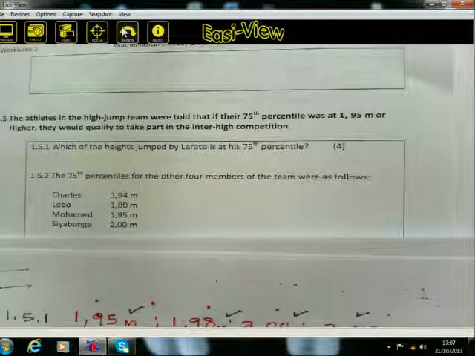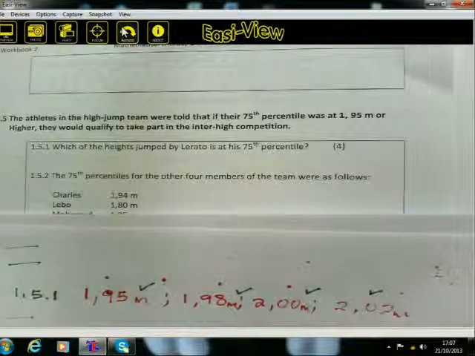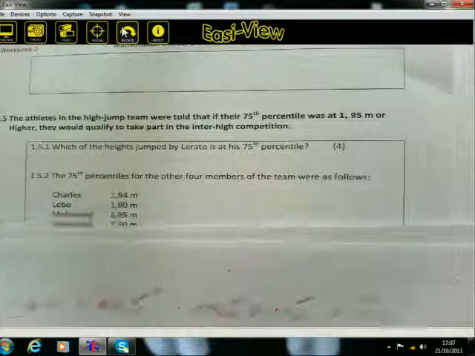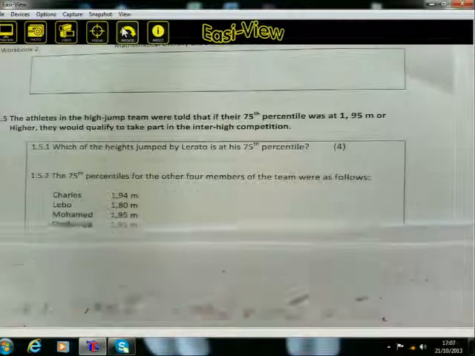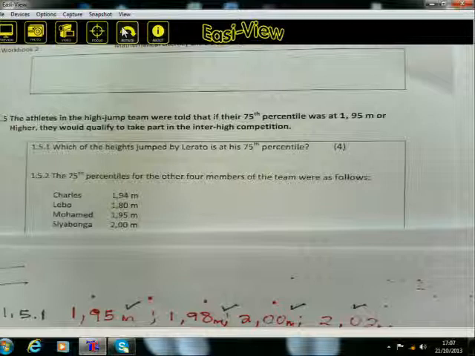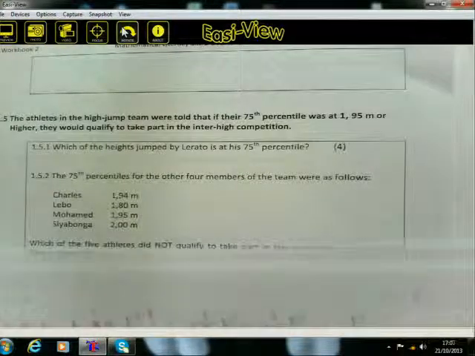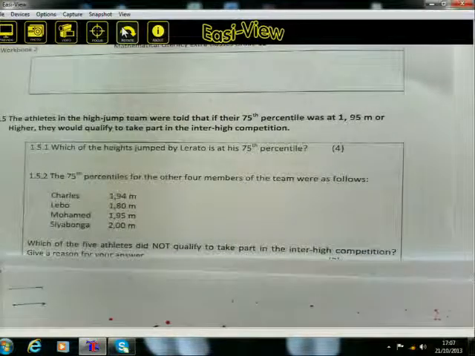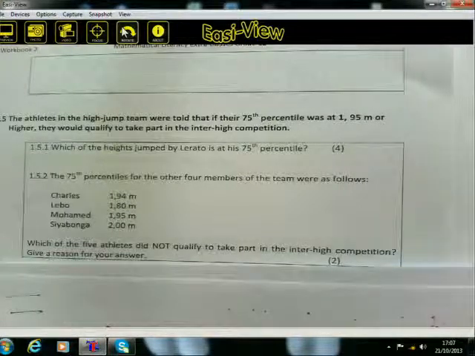Charles on the 75th percentile was at 1,94 meter. Lebu was at 1,80 meter. Mohammed was at 1,95 meter. Siyabonga was at 2,00 meter. Let us read another question on that. 1.5.2.